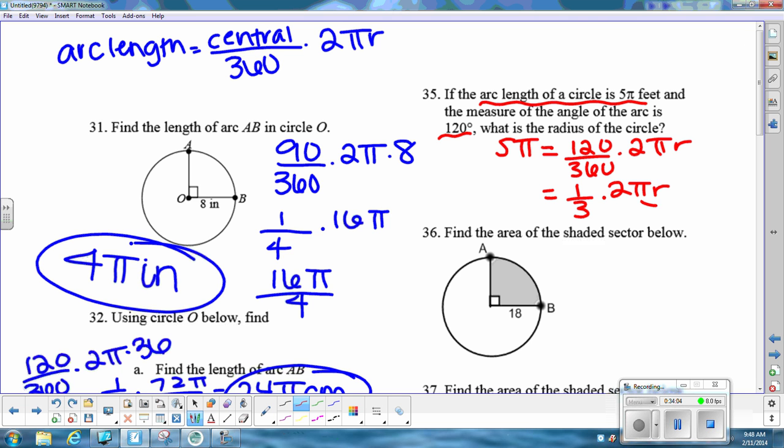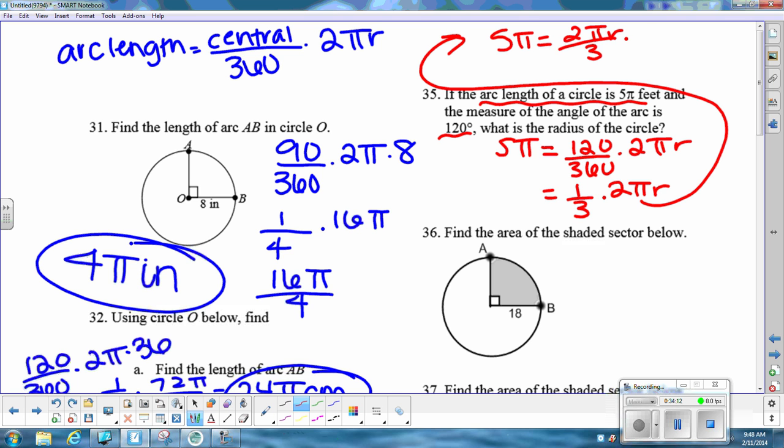So 5 pi equals 2 pi r over 3. Multiply both sides by 3. I get 15 pi equals 2 pi r. Divide by everything that's not your radius. And you get r equals 7.5 feet.